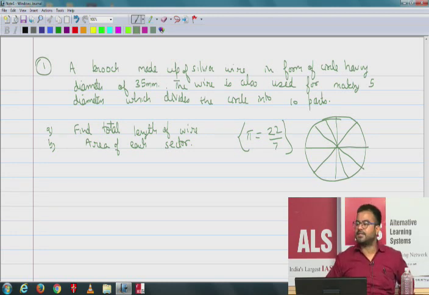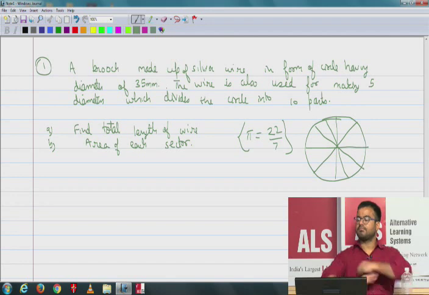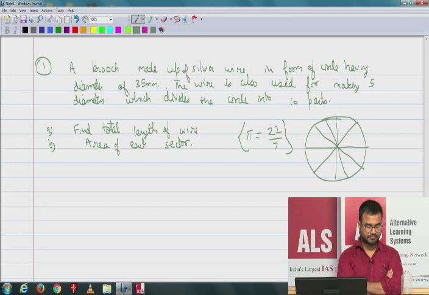No, that is not right, CC4. Check your calculation once again. No, it is also not right. Length of the wire means the outer circumference plus these divisions which we have made with the help of wire.